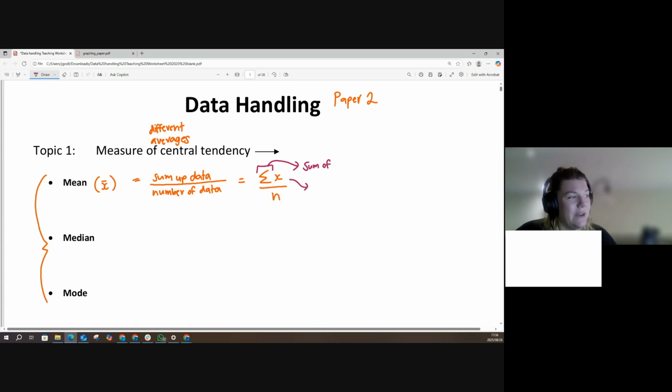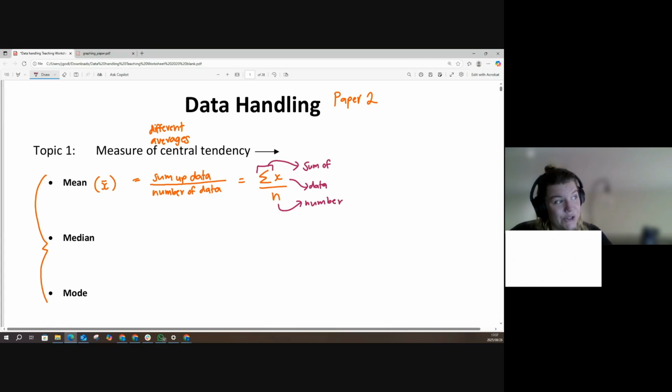X is talking about your data. And N is talking about what? Yeah, it's talking about the number.